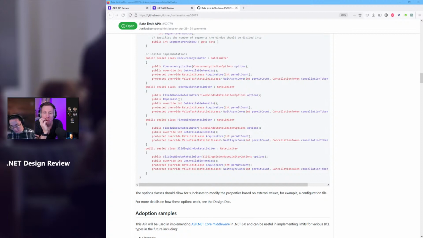Yeah. So another question, in terms of naming, is that it's probably better to have replenish for token bucket and refresh for window rate limiters. But they are essentially the same concept.